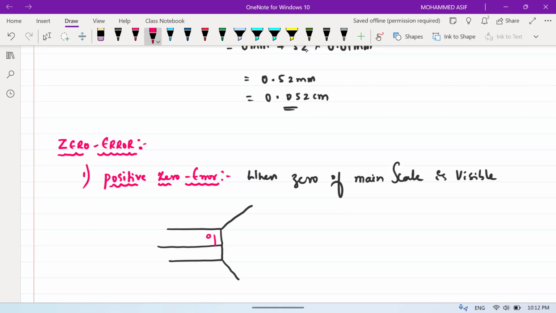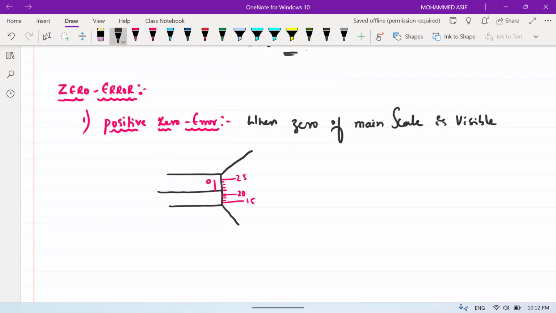There are divisions on this one right now: 1 2 3 4 5, 1 2 3 4 5, like this. Somewhere here it is 20, here it is 25, this one is 15. So 0 of the main scale is visible for me. Whenever the 0 of the main scale is visible, such type of error will be equal to your positive error. Am I clear?